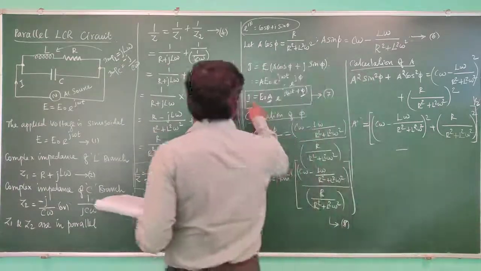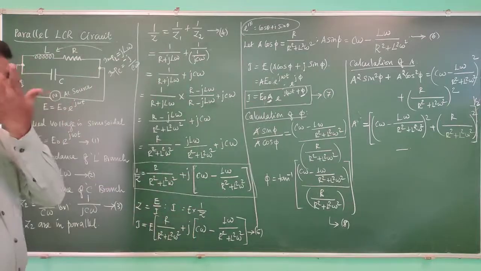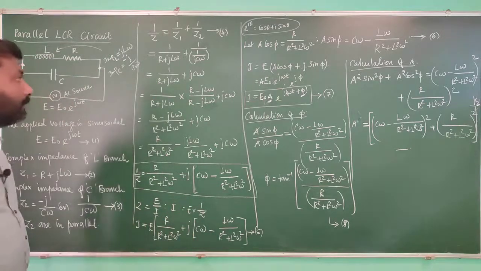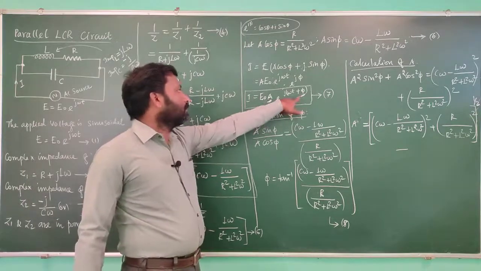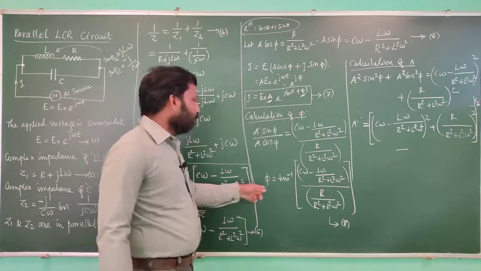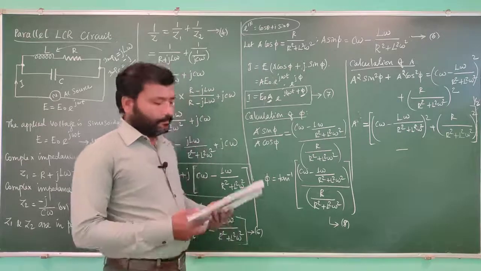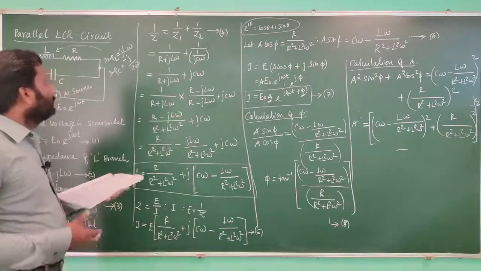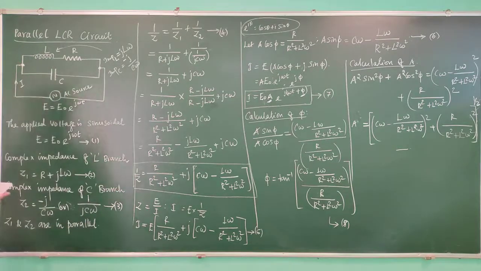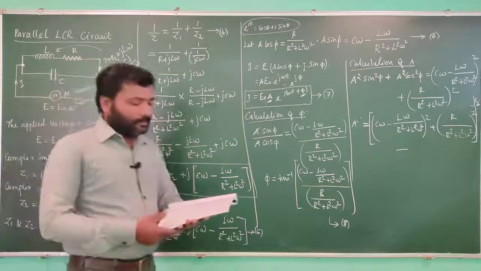So in this expression, we have calculated the expression for current in the parallel LC circuit, where there are two arbitrary constants, phi and a. We have calculated those terms. Fine. Now let's calculate the admittance. Admittance is nothing but the reciprocal of impedance.